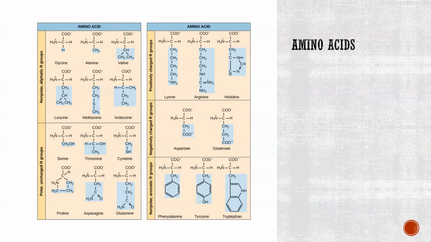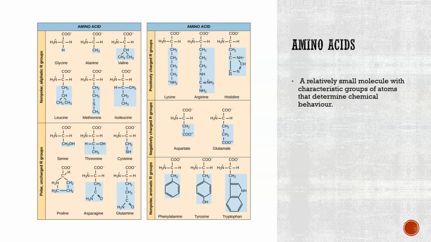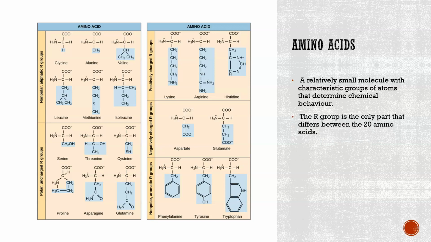Alrighty, so amino acids, a big group of diagrams here. Don't panic too much about them. Let's see what we're going to say about them. An amino acid is a pretty small molecule with some characteristic groups of atoms that determine its chemical behavior. The R group is the only part that differs between every amino acid.